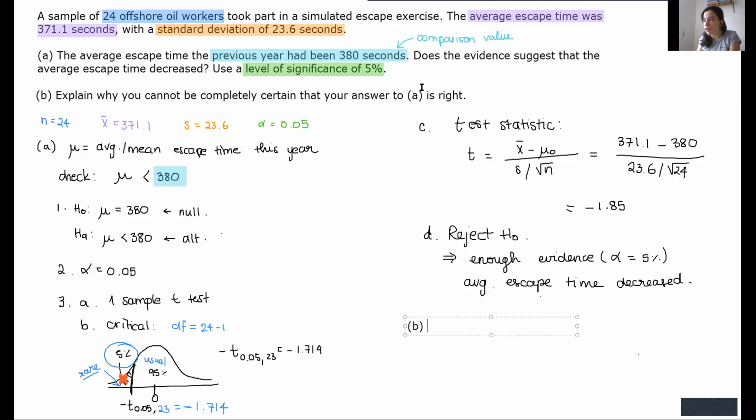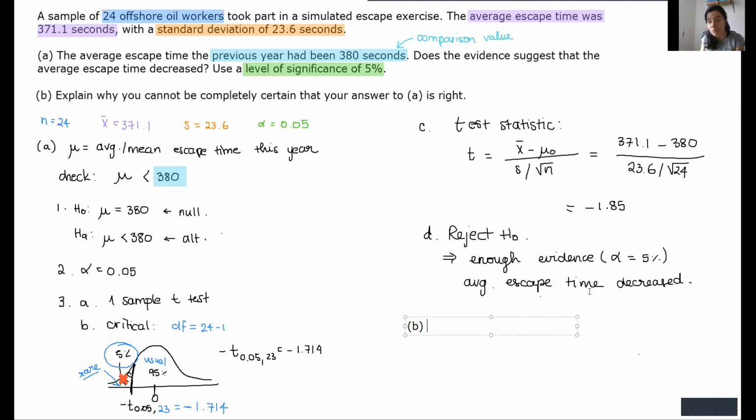So the answer for us in A was, there is enough evidence, and we conclude that the average escape time did decrease, right? So essentially our answer for A is, yes, the time decreased from one year to another, but we can't be certain because there's still that very slight chance. It is still possible that you had an average for this year of 380 seconds, and just out of luck, we ended up choosing the 24 offshore oil workers that had escape times that were lower.